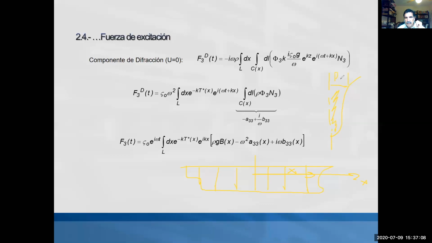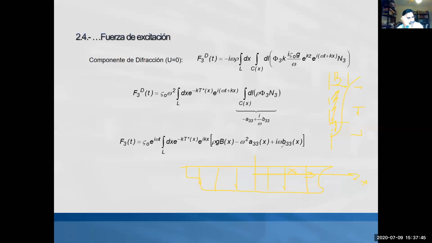This is your B, this is your T. So with B, T and the frequency, you can calculate A33 and B33. You also have B, so you can evaluate all of this. Then, if you are considering this position on the ship, this is the value of x. Here you have T star. So T star is going to be a representative value for the T.